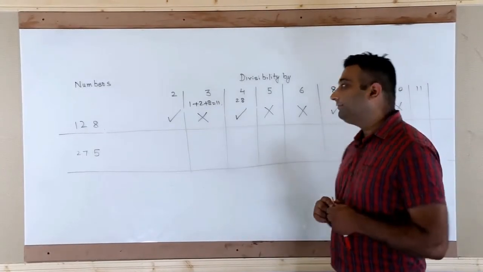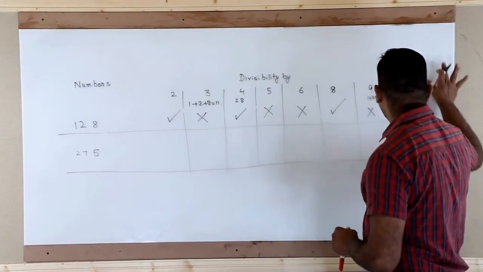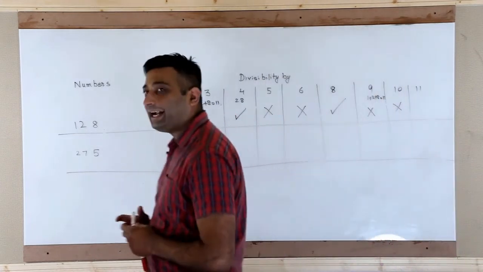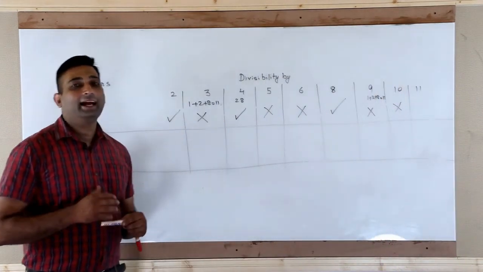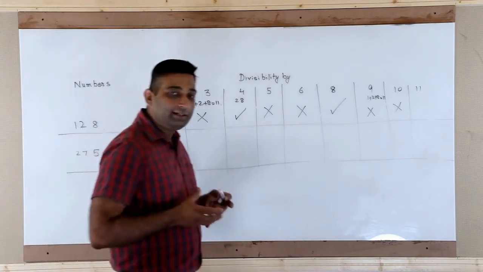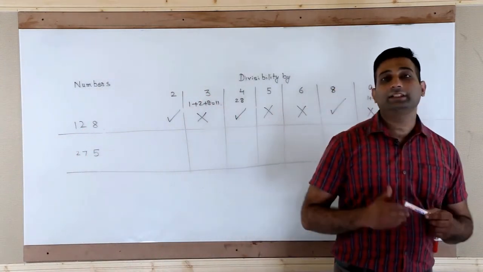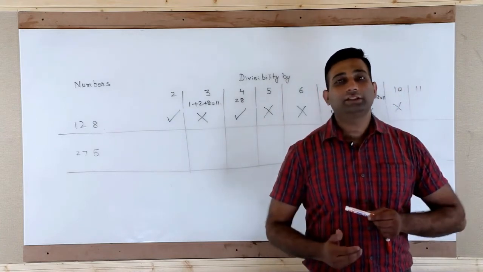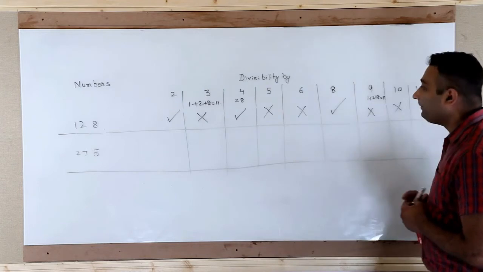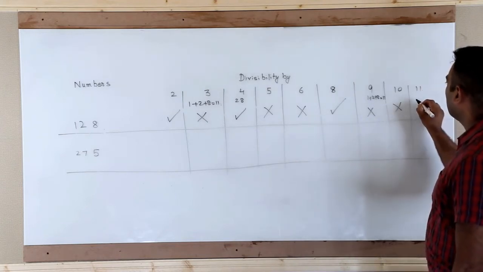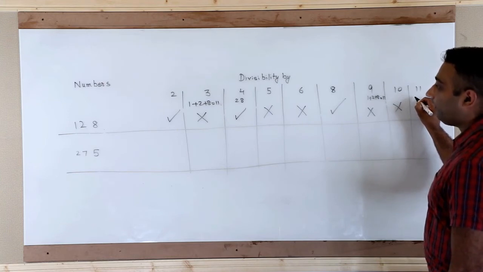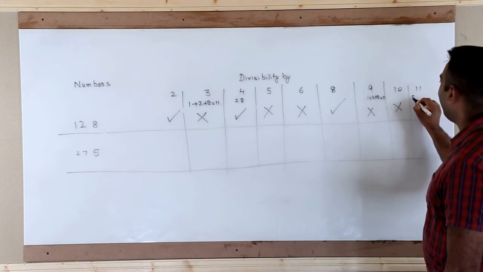To check the divisibility of a number by 11, we have to find the sum of digits at the even place and the sum of digits at the odd place from the right and take its difference. If that difference is either 0 or divisible by 11, then we can say that that number is divisible by 11. Now, the numbers from the right at odd places are 8 and 1.